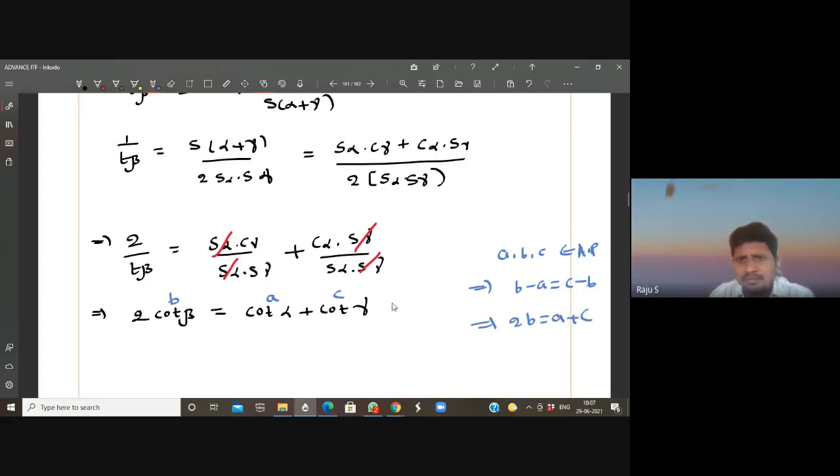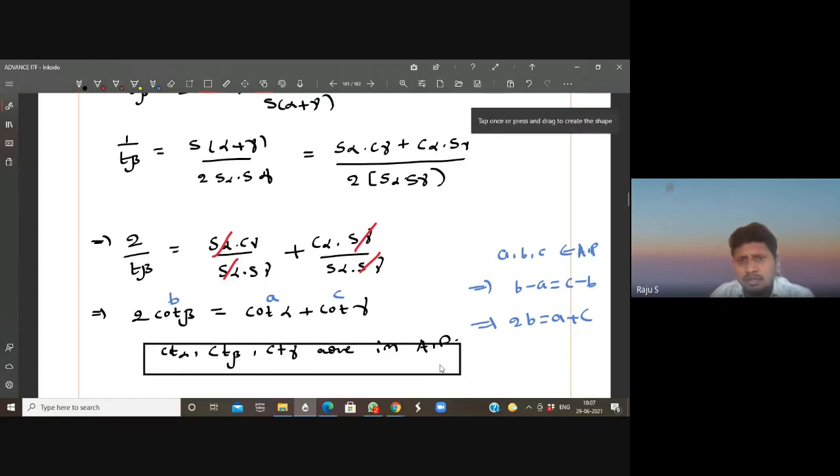So it is in the form of 2b is equal to a plus c. Therefore, what we can conclude here? Cot alpha, cot beta, cot gamma are in AP. Is it clear? Or any doubts here?